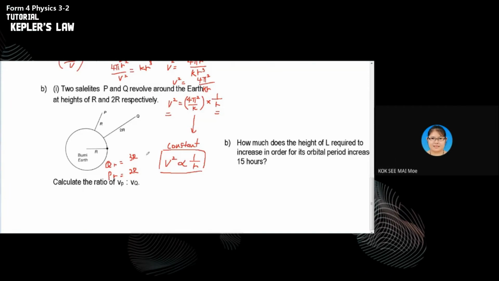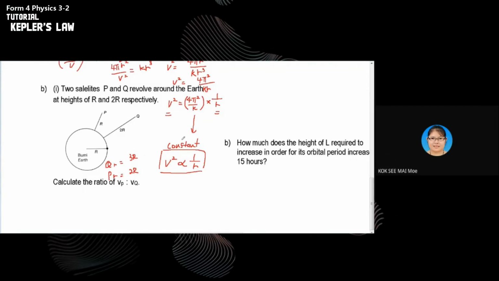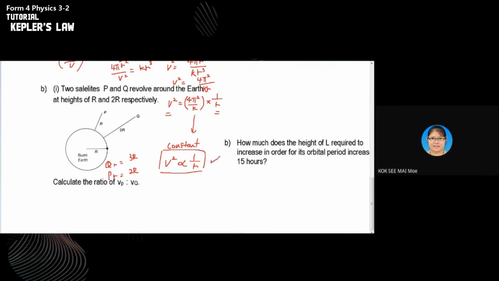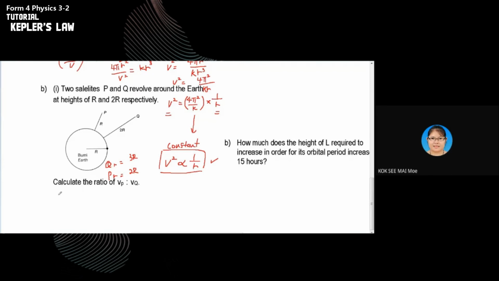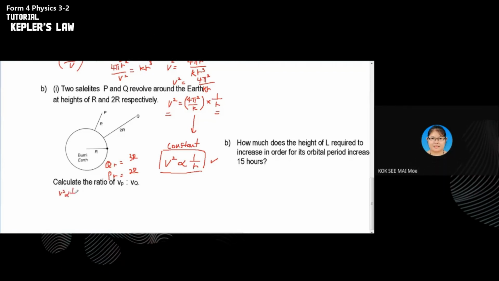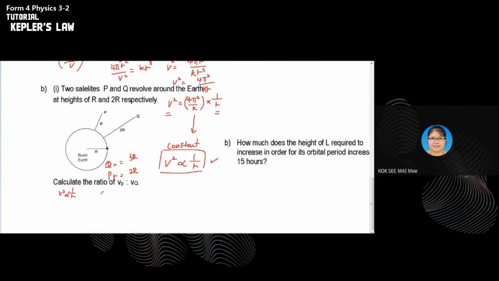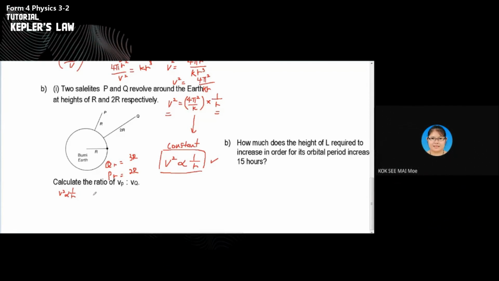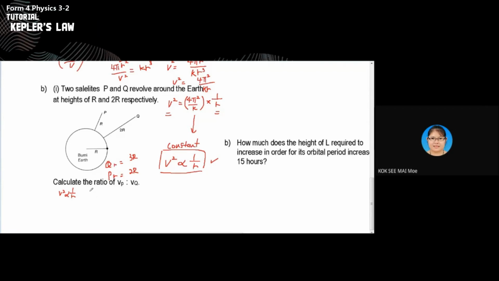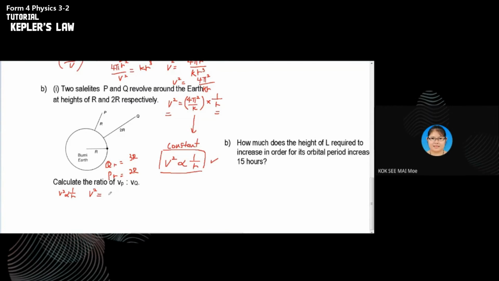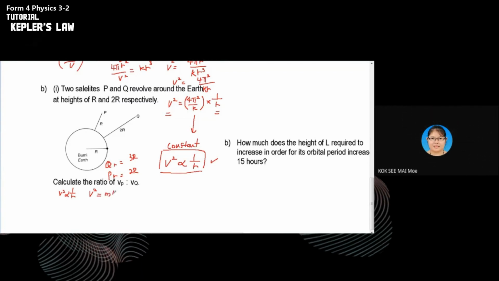Okay, so from here, we apply what we did just now, the relationship: V square is directly proportional with 1 over R. So that means this whole thing is a constant number. So can I write V square equal, okay, we put M. M is a constant number.